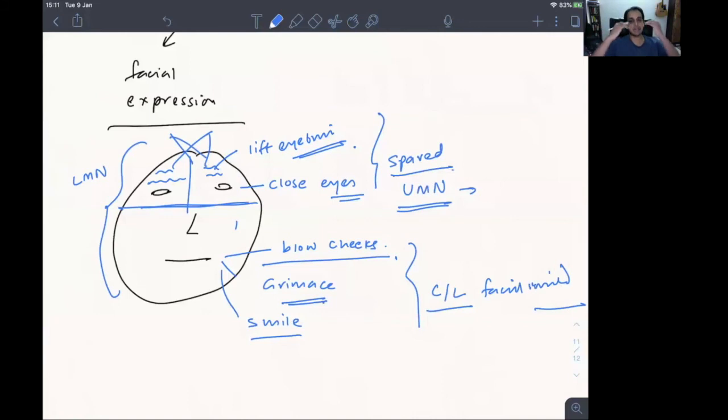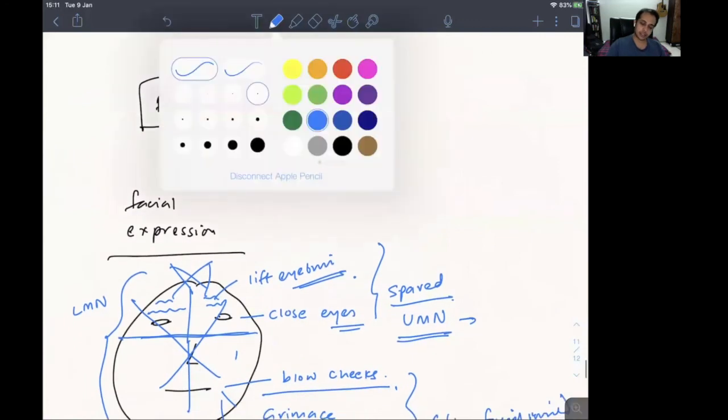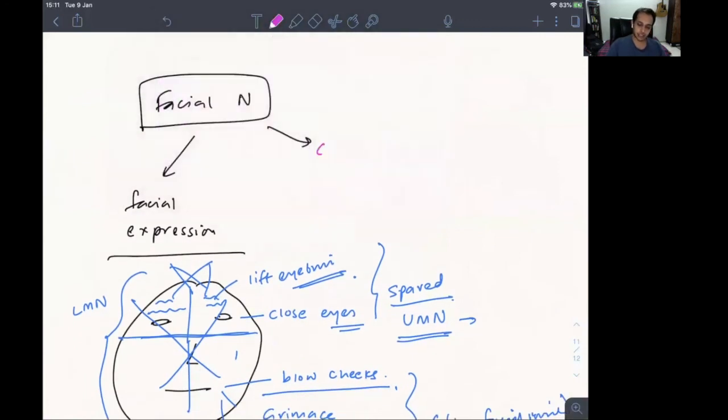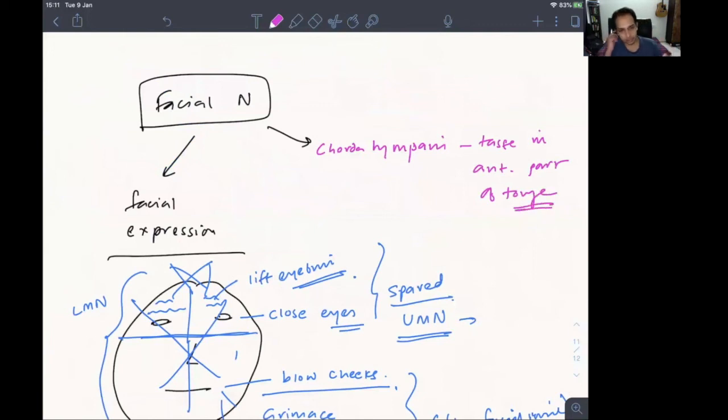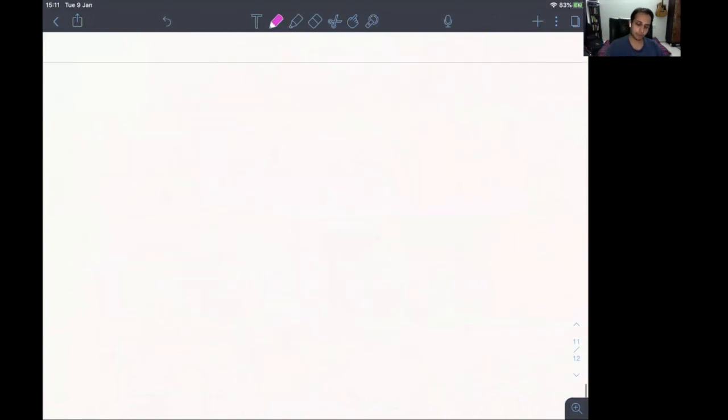So both sides of the brain will supply both sides of your upper half of the face, whereas in the lower half, only the opposite side is responsible for supplying the lower half of the face. And your sensory testing in facial nerve is chorda tympani, which is the taste sensation in the anterior part of the tongue. This is not something that we do routinely, but important to know.